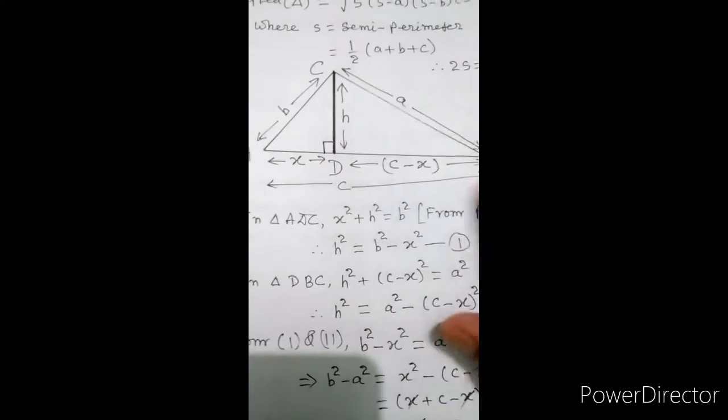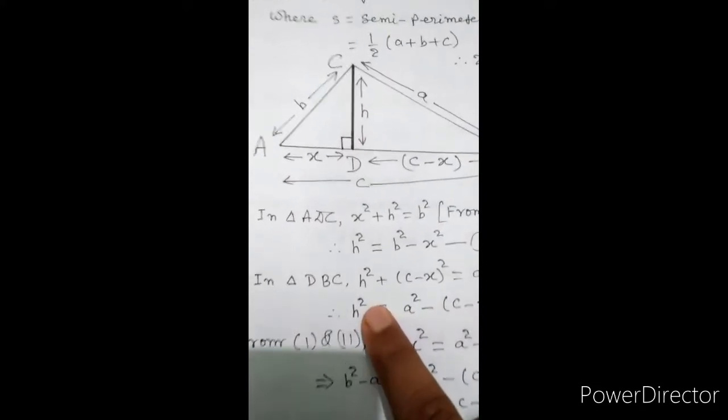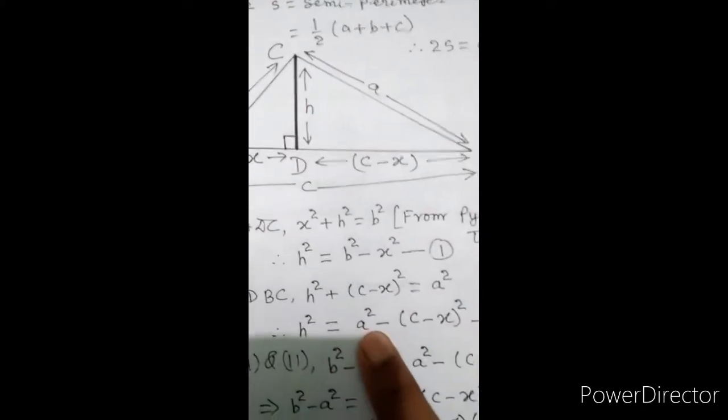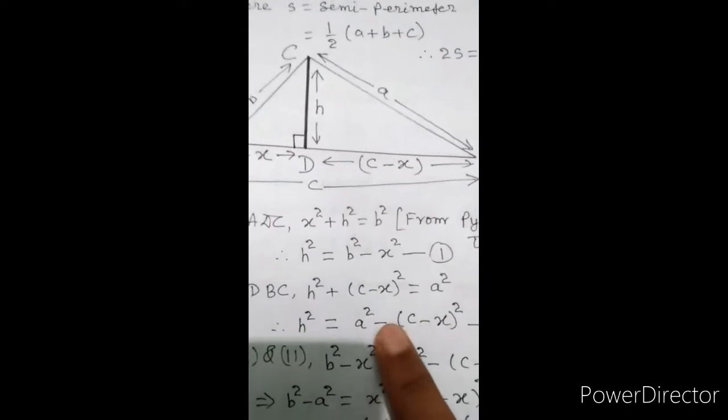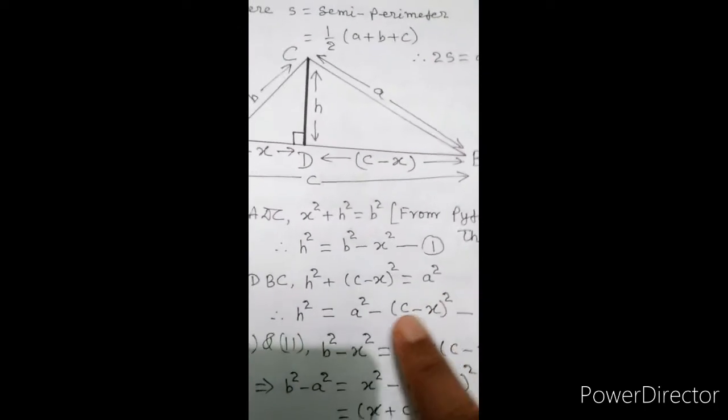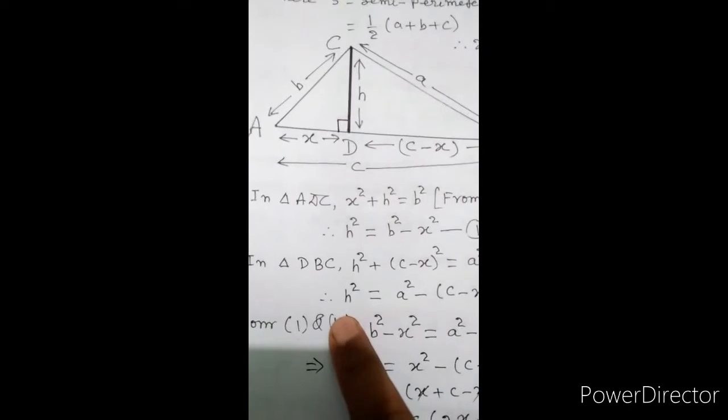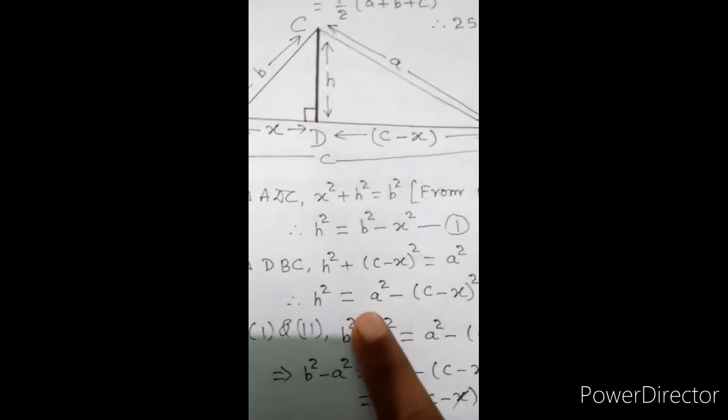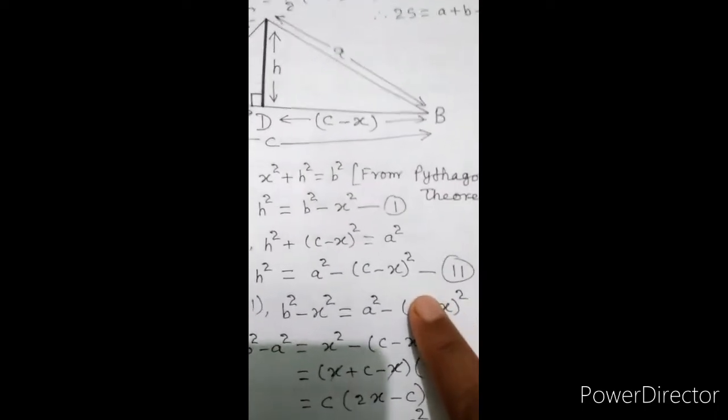Now consider triangle DBC. Here h square plus (c minus x) whole square is equal to a square. In this way, we get h square is equal to a square minus (c minus x) whole square. Suppose this is equation number 2.